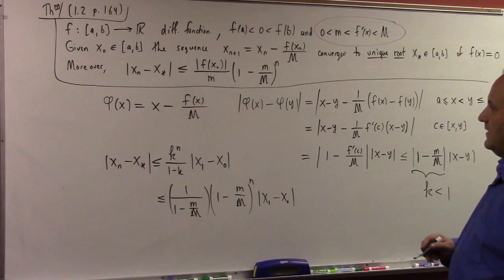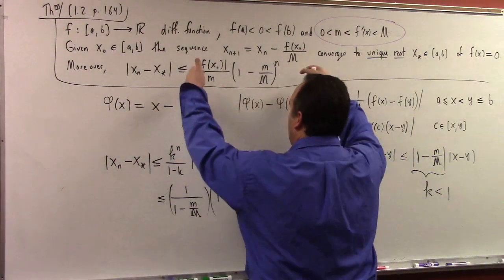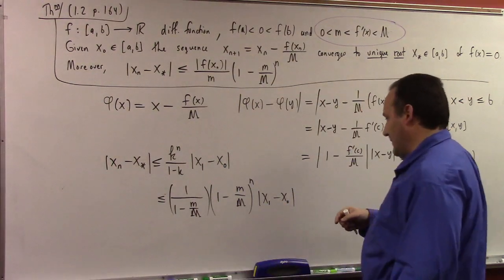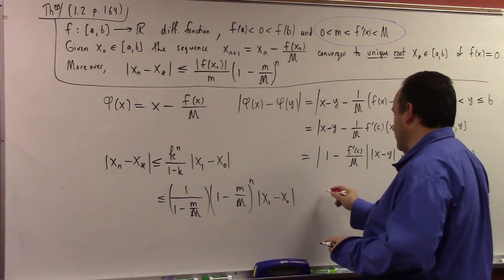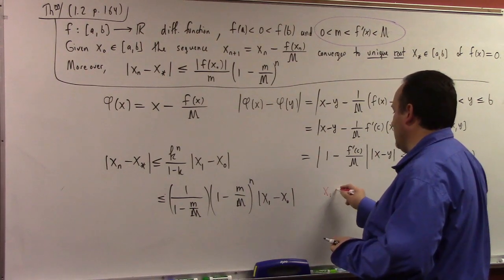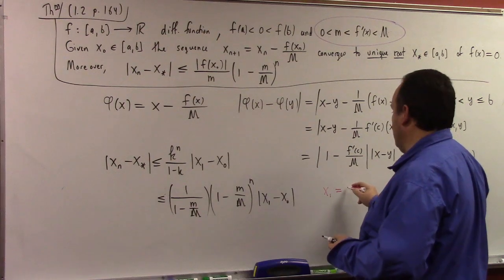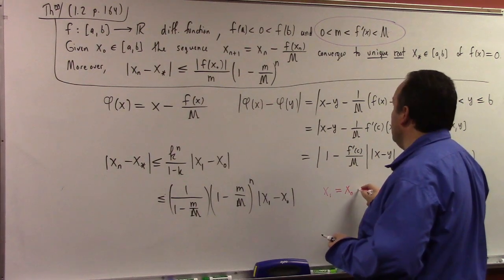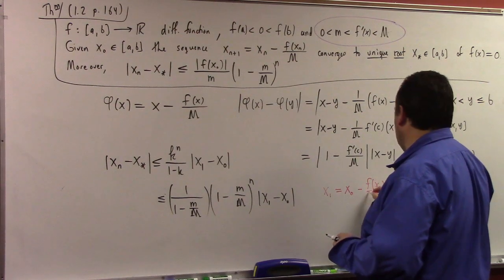Okay, so how do you get from this to that? Well, what is x1? x1 is x0 minus f of x0 over m, right?